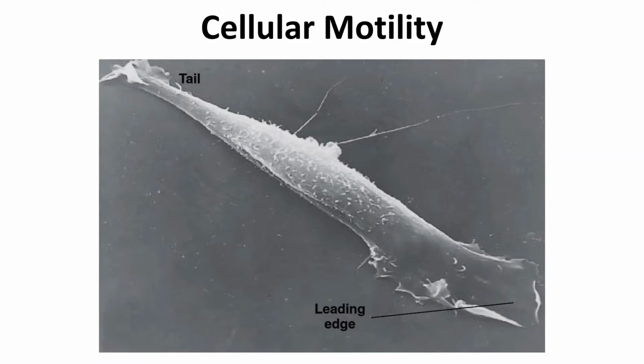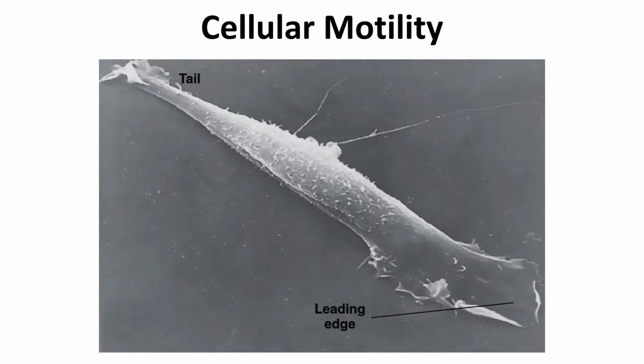Not just unicellular organisms like amoeba, or those with flagella and cilia like paramecium and dinoflagellates, but even cells in multicellular organisms like your white blood cells or mesenchyme cells in embryos.